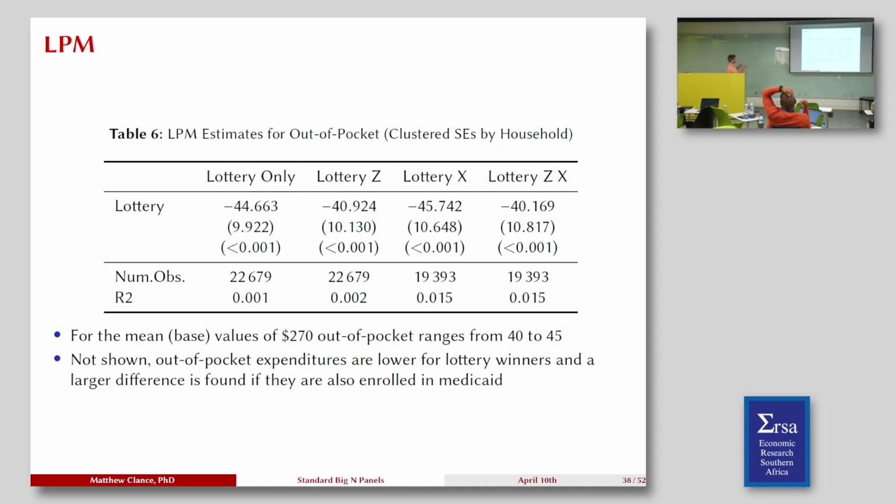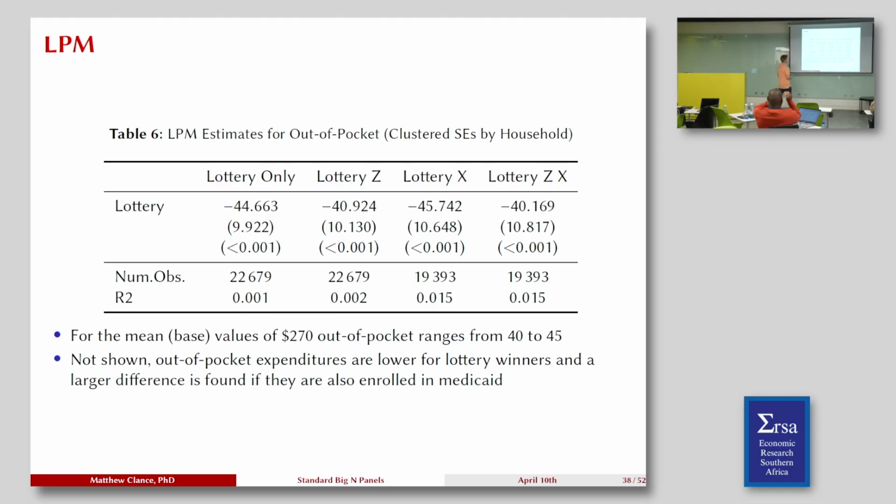If I run this as an LPM model, I didn't really care about the Logit Probit stuff right now, so I'm just going to run the LPM on the lottery variable by itself, without any other covariates. The effect that I found is a reduction in out-of-pocket expenses, which is what we want. We want this to reduce how much comes out of my pocket.